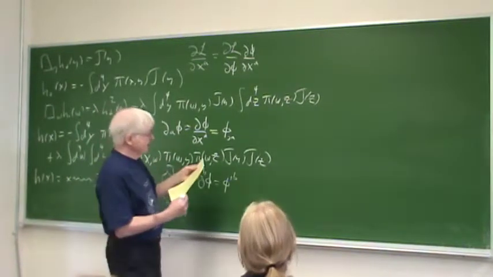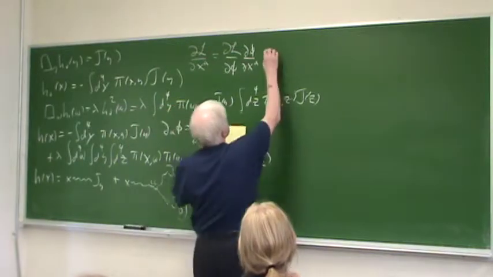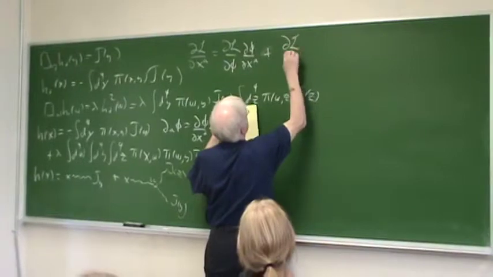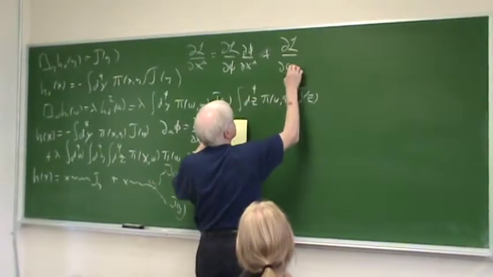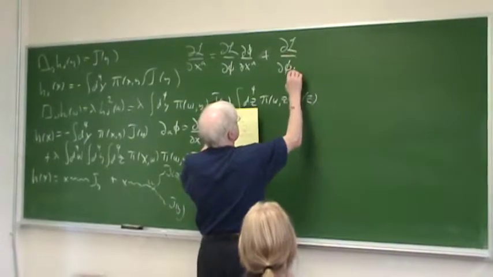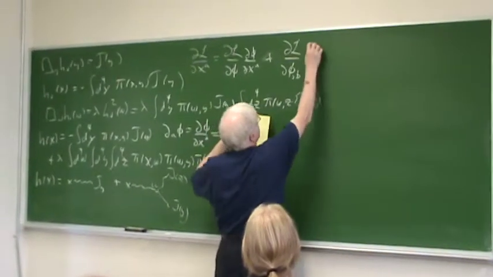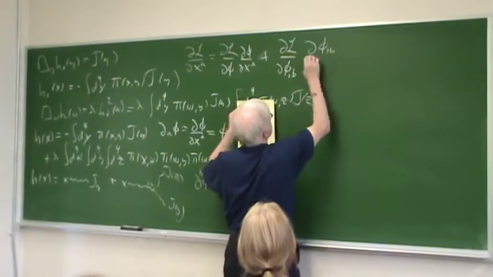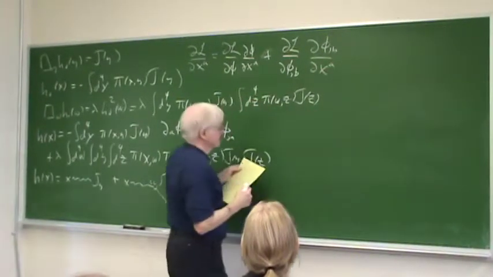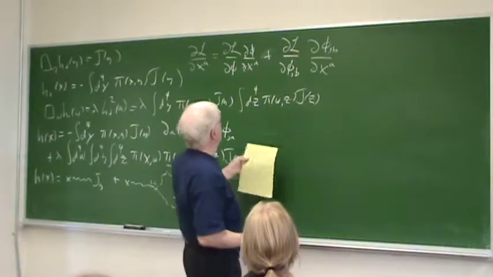Okay, so going on with this, the next term is plus partial of L, partial. Now you see the utility of this. You can write this as phi comma B, and then say partial of phi comma B, partial XA. Right, so it looks a little bit simpler.